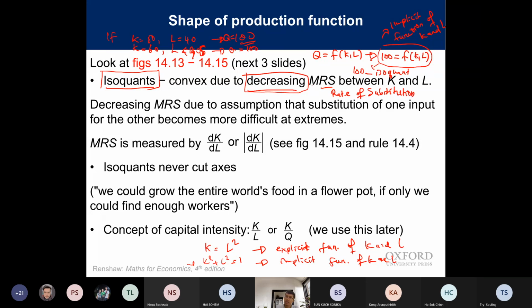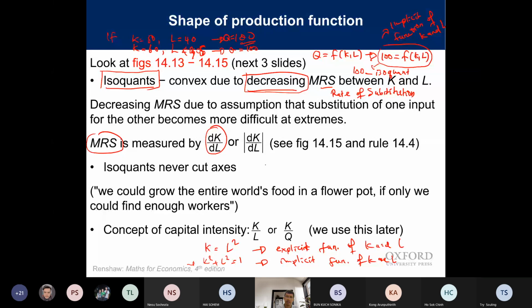And M here means marginal. I mean the derivative is kind of decreasing, right? And of course this is nothing but the derivative of K and L, right?